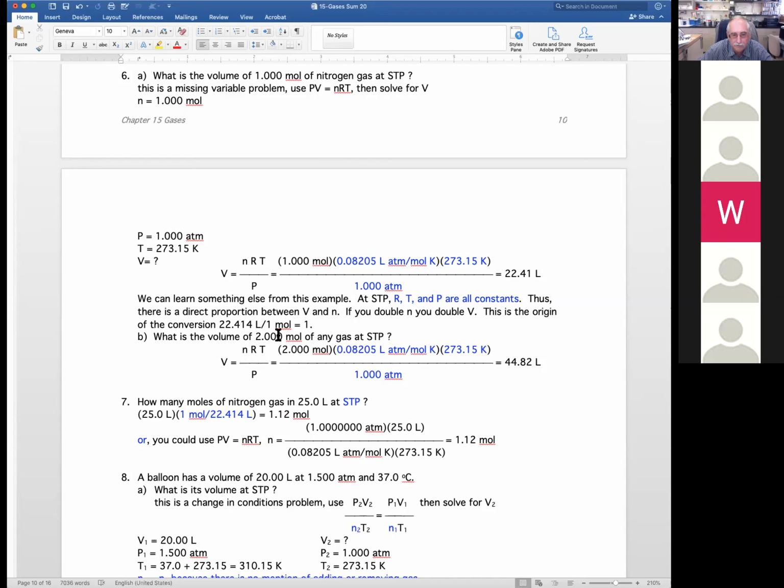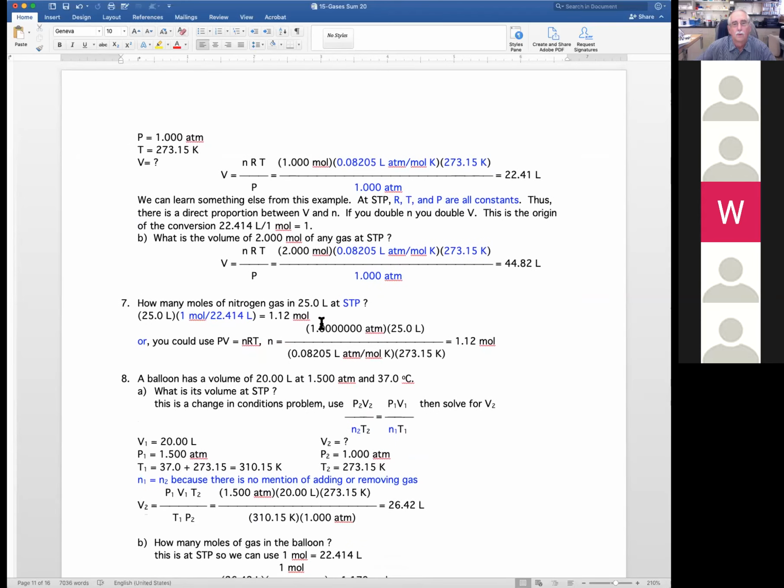That's the conversion factor that most textbooks want you to memorize. What is the volume of 2 moles at STP? Look, 2 moles gives you twice that amount. When all of these other things are constants, then the relationship between moles and volume is a direct proportion.